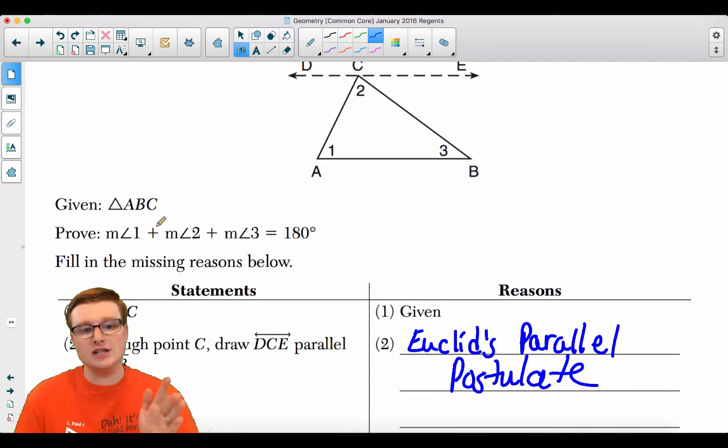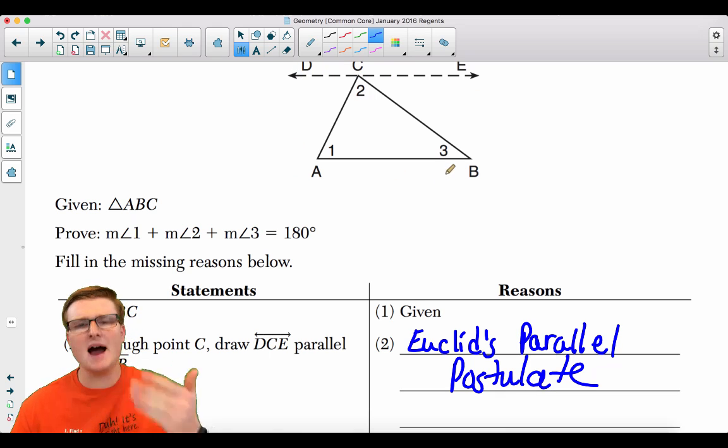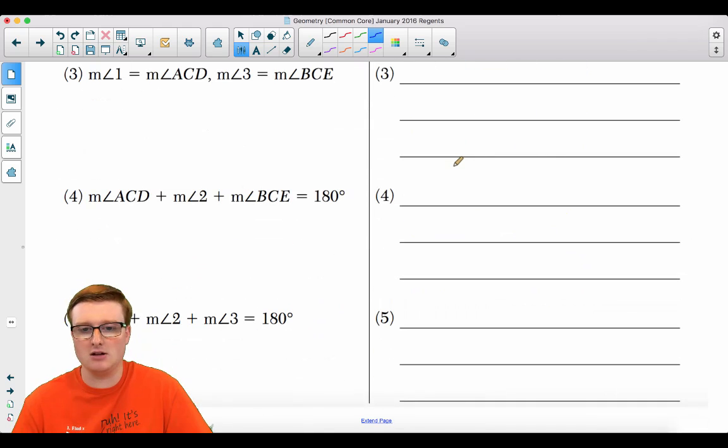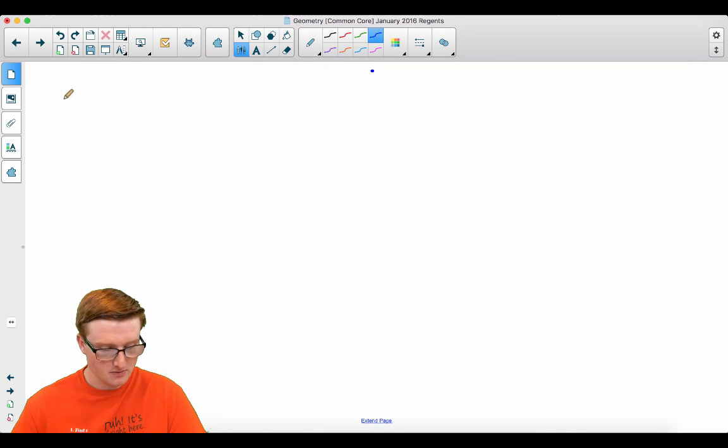So the first thing that says triangle ABC is given. Number 2 says, through point C, draw line DCE parallel to AB. So there's some parallel lines going on here, but it's Euclid's parallel postulate. But what does that even mean? Well, here you go. This is only for your info.